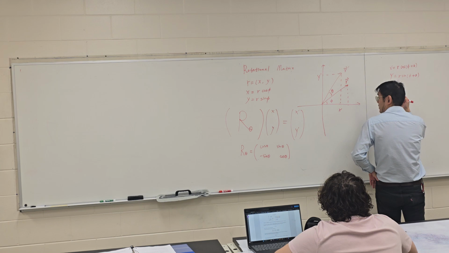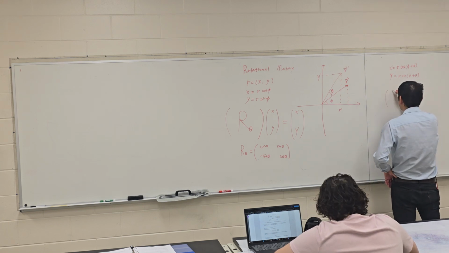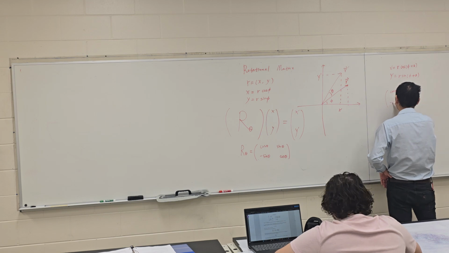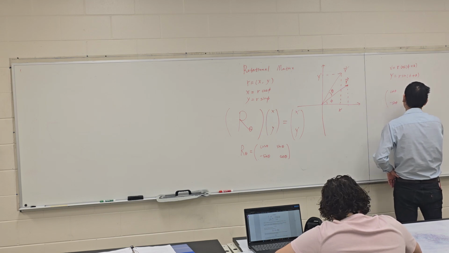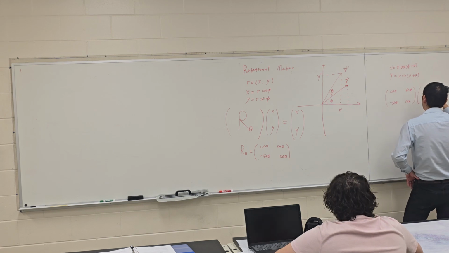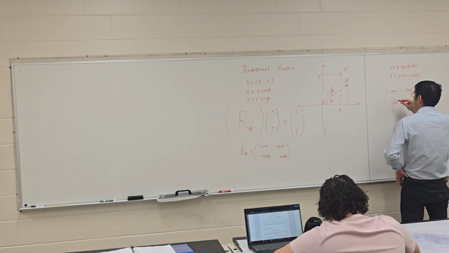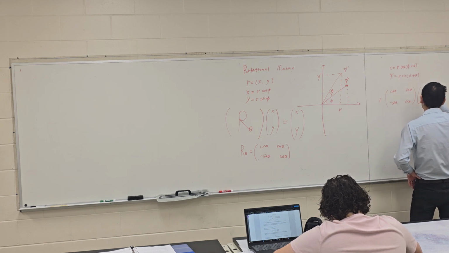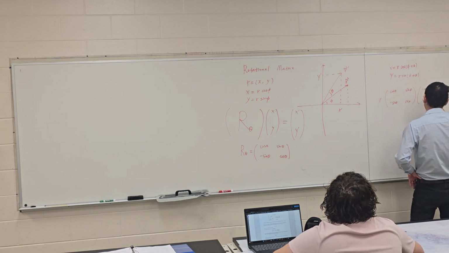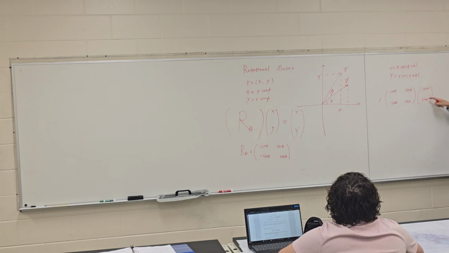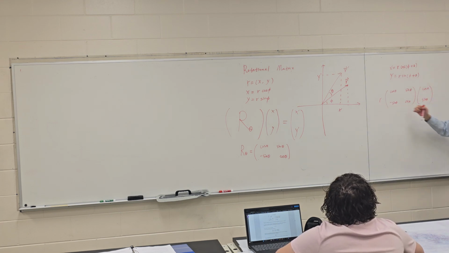So let's work on it and show how it works out. Take the R out, right? So, cosine theta. I have an R here and here, so why don't I just take it out?